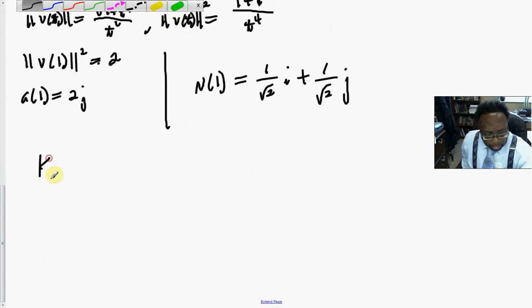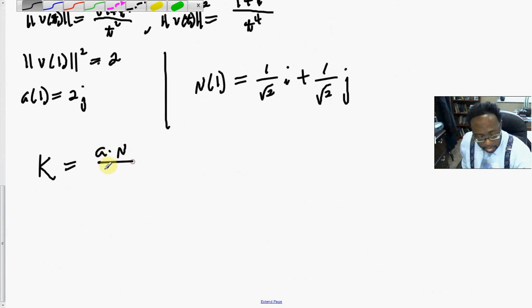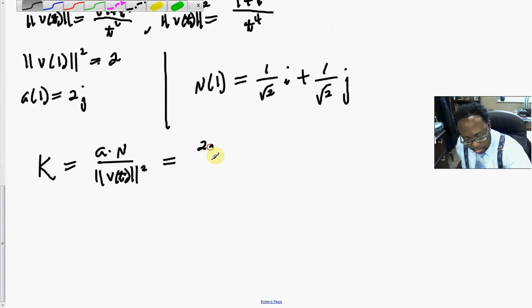So the curvature is the dot product of the acceleration and the normal vector, divided by the norm of the velocity vector to be squared. So the acceleration here at t equal 1 is 2j.